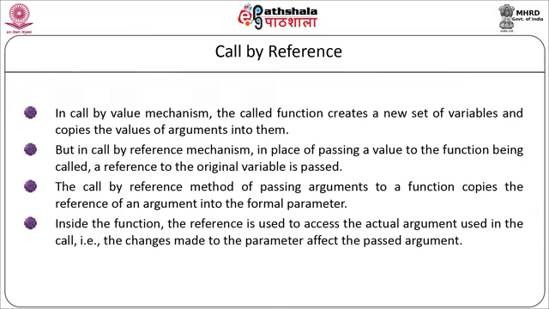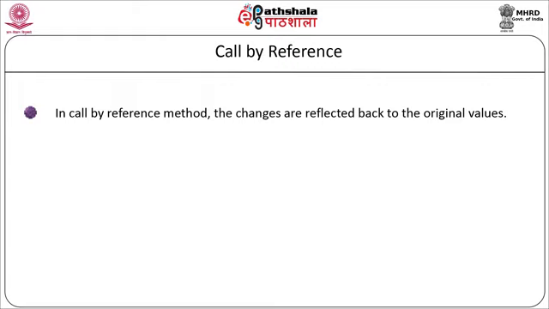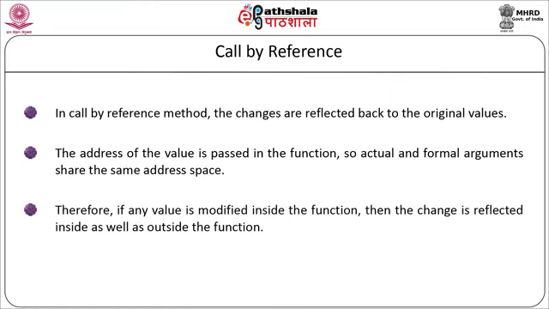That is, the changes made to the parameter affect the passed argument. In call by reference method, the changes are reflected back to the original values. The address of the value is passed in the function, so actual and formal arguments share the same address space. Therefore, if any value is modified inside the function, then the change is reflected inside as well as outside the function, and this is the main advantage of call by reference over call by value.